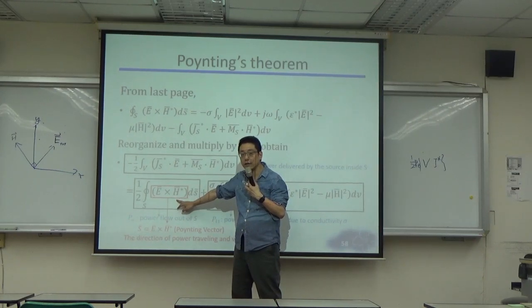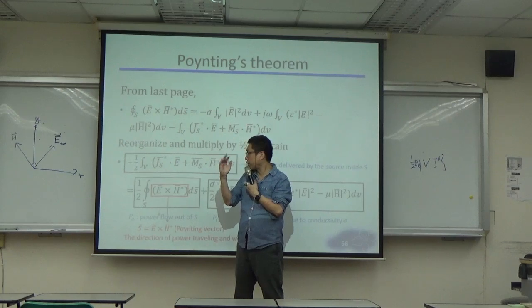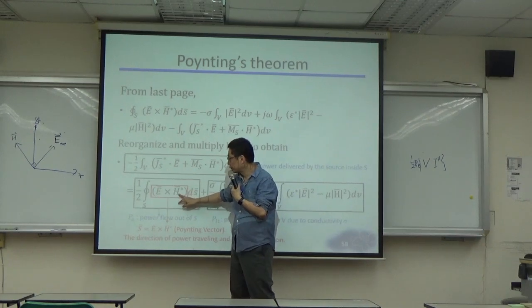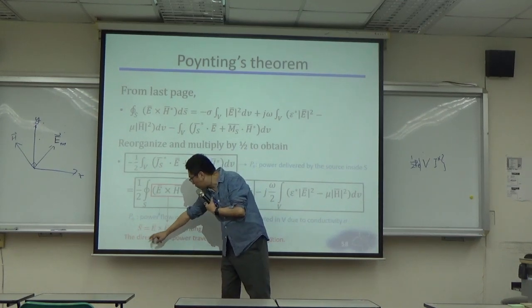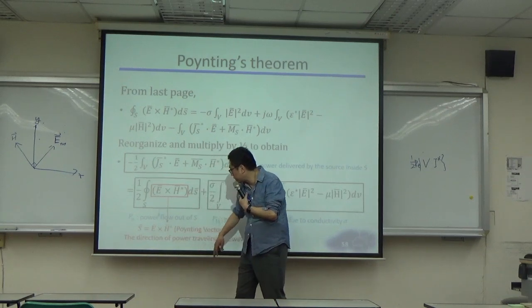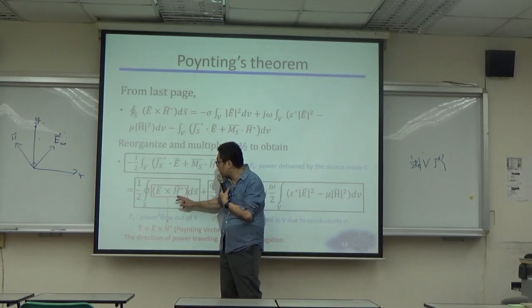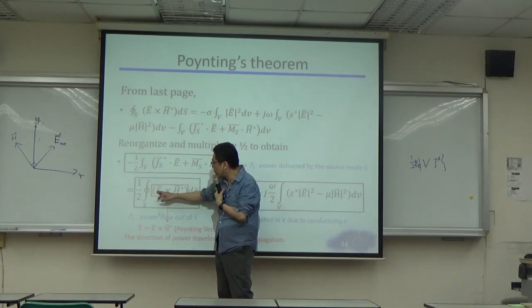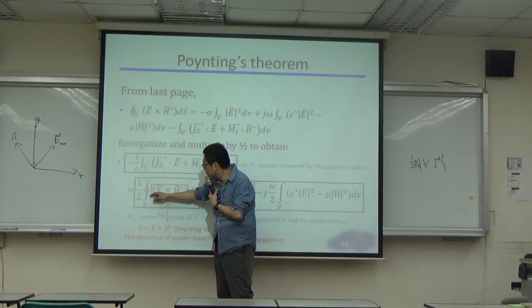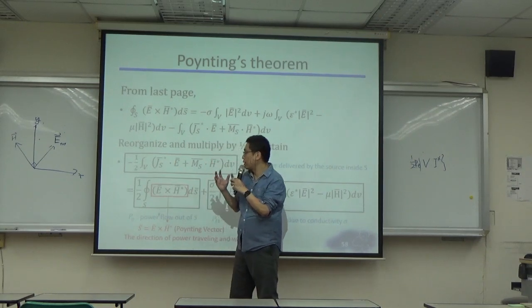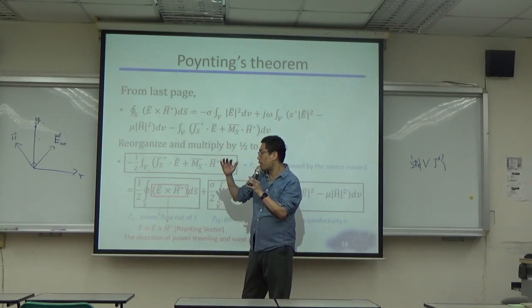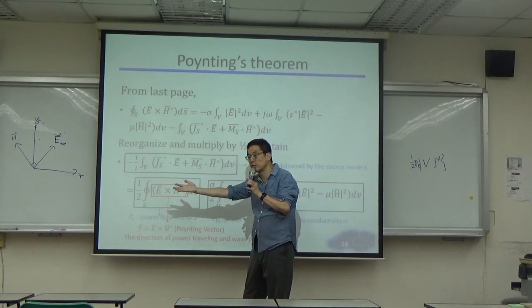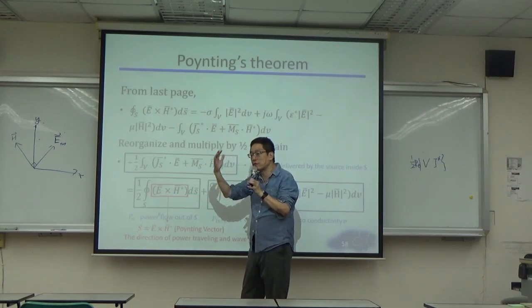E cross H is the Poynting vector, S or P. We take the closed surface integration of the Poynting vector and multiply by 1/2, and this will be PO, the power flow out of the surface.